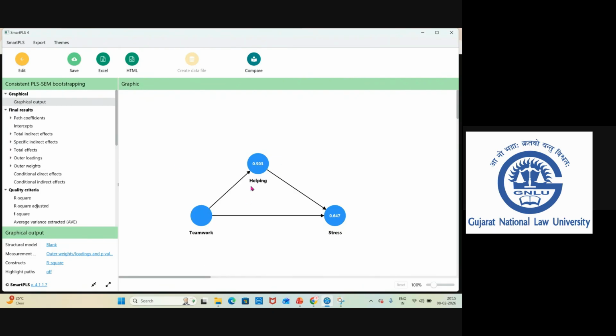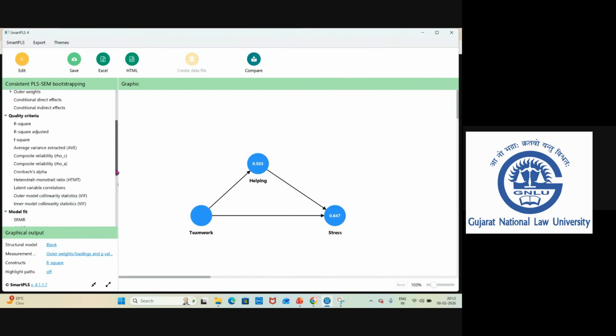We got the results. The measurement model should be blank. Then the structural model, where we are going to have path coefficients and p-values, and R square also we are able to see. Now we are going to look at them one by one.